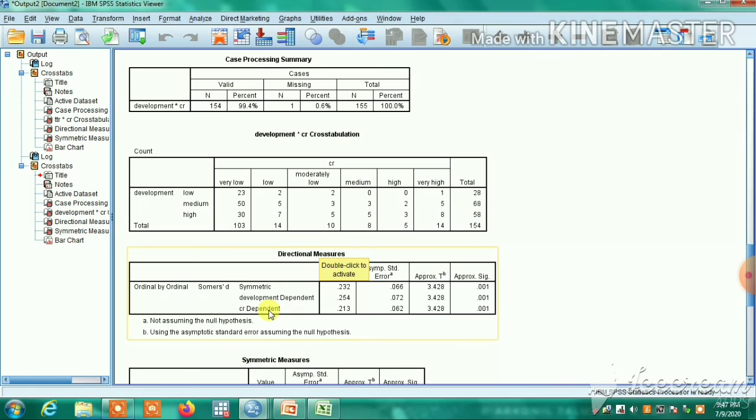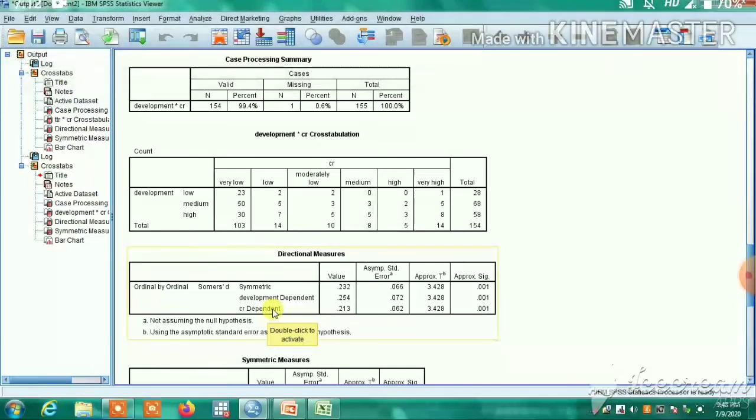And the directional measures show development as the independent variable, and COVID cases as the dependent variable. In this case, the statistic is 0.213. That means, as we know, we have to convert it into percentage. That means we can predict 21.3% correctly if we consider the level of development as independent variable.